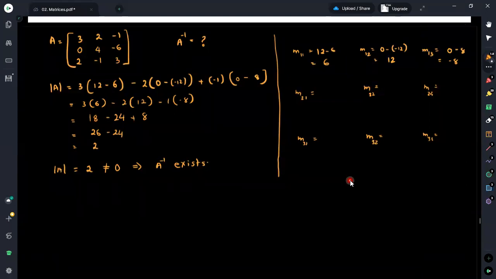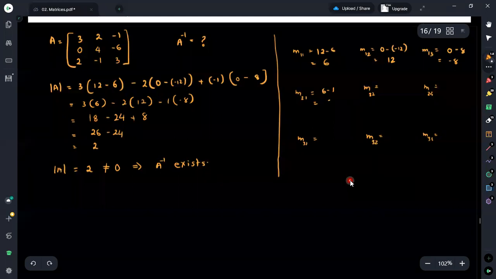Then M21, second row with first column, then 6 minus 1, M22, 9 minus minus 2, value is 11. Then M23, second row with third column, then it is minus 3 minus 4, value is minus 7.